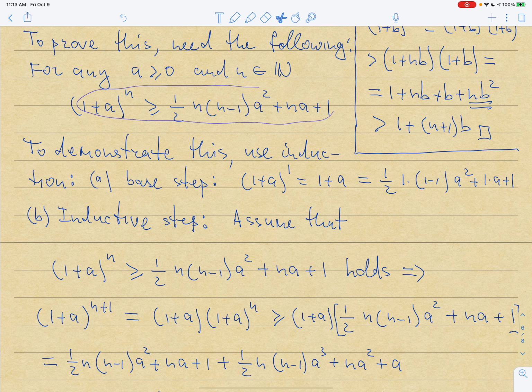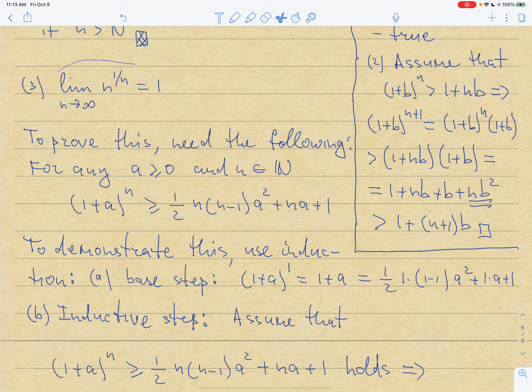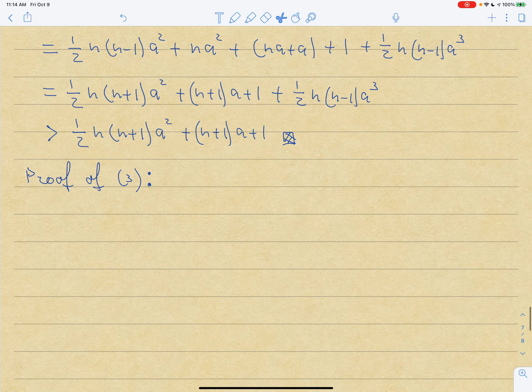And I'm going to use it in trying to prove fact 3, that the limit of n to the power 1 over n is equal to 1. So to do this, I'm going to consider the sequence S_n equal to n to the power 1 over n, minus 1.